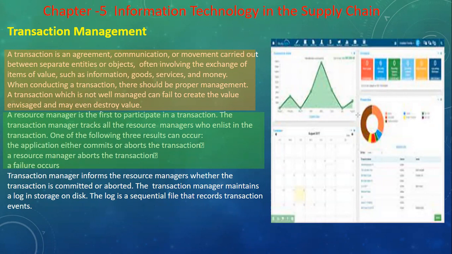Then you check whether raw material is available for production. These entities, departments and stakeholders are so integrated that the transaction cannot be performed if even a single entity does not perform its duty. So it is the transaction manager's responsibility to execute these transactions in the right way.